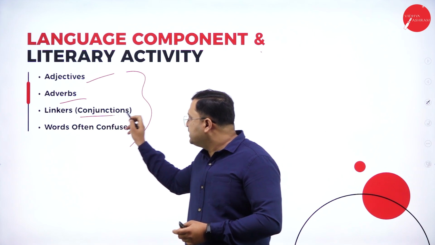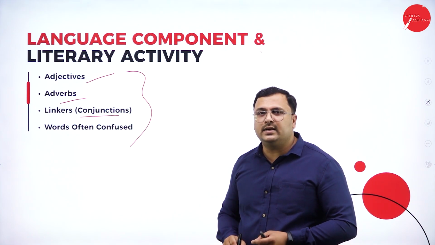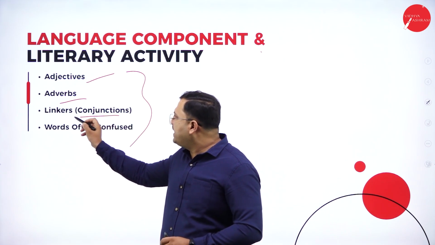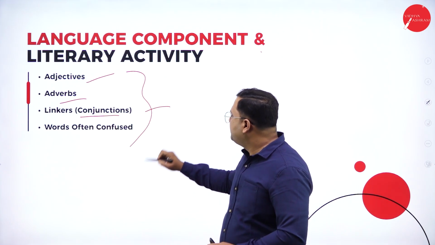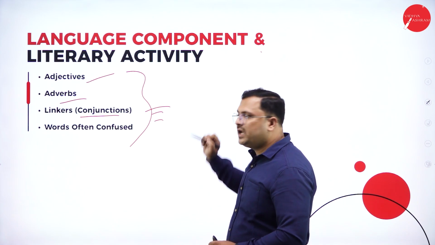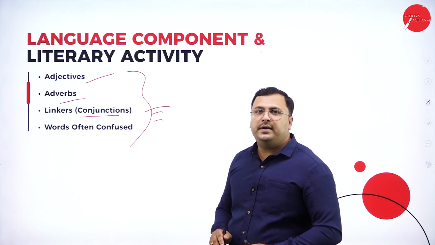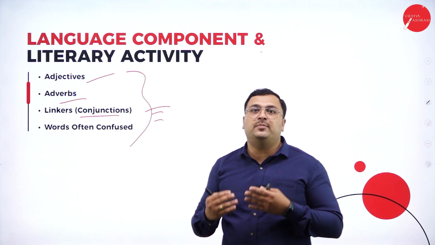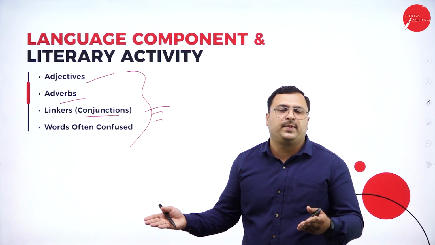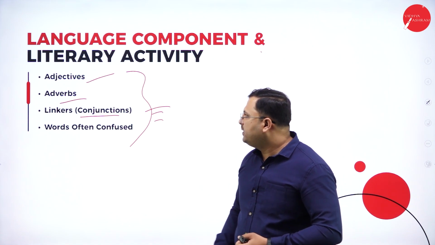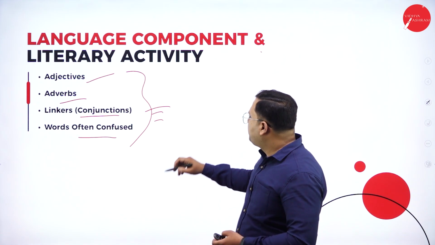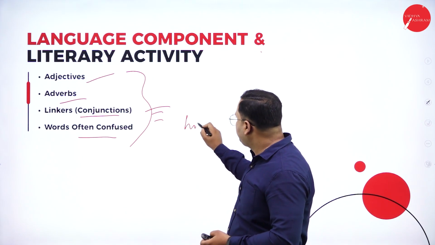Then comes linkers. You know linkers. In this semester, we will understand the types, their usage, and how to use them. If you use a different conjunction, it may change the meaning of the sentence. So we will see it. Then words often confused. This deals with homophones and homonyms.